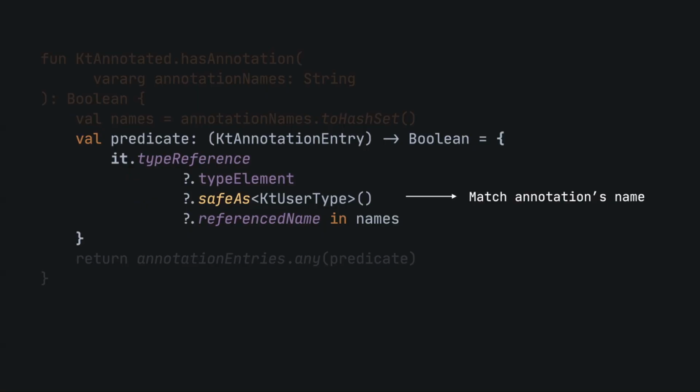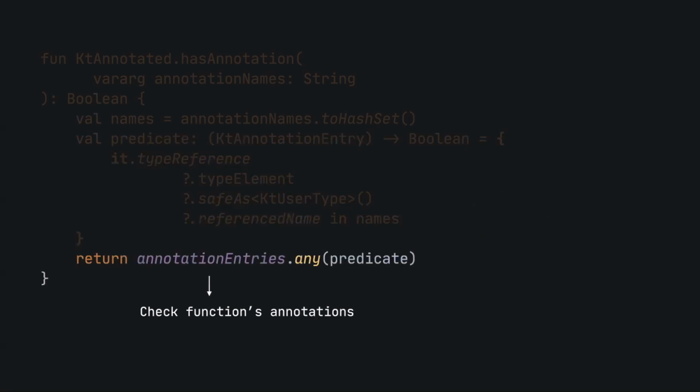It returns either true or false, a Boolean value. You can see it does it.typeReference, and underneath it, it gets the reference name. So it gives me the annotation name that's on the function right now, and determines whether it's the one that I want. You'll see names is a set.